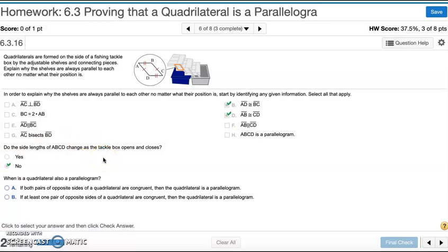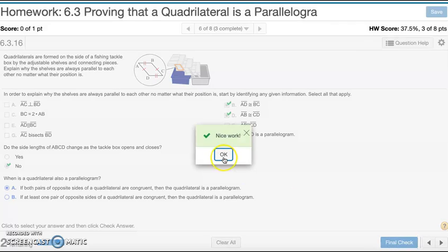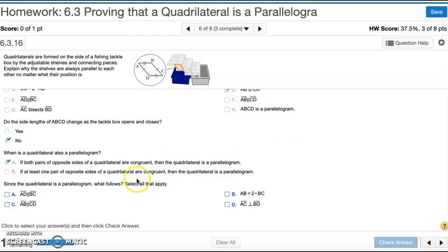When is a quadrilateral also a parallelogram? If both pairs of opposite sides of a quadrilateral are congruent, then that quadrilateral is a parallelogram. So A. So since the quadrilateral is a parallelogram, what follows? Select all that apply.